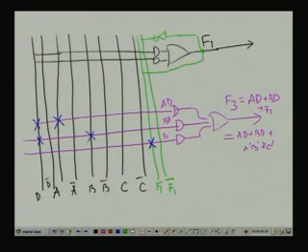Similarly, F3 is nothing but some function plus F1 dash. In that case, I will be taking another line, which takes F1 dash as the input. So, this is my F1 dash. This is F1 dash.